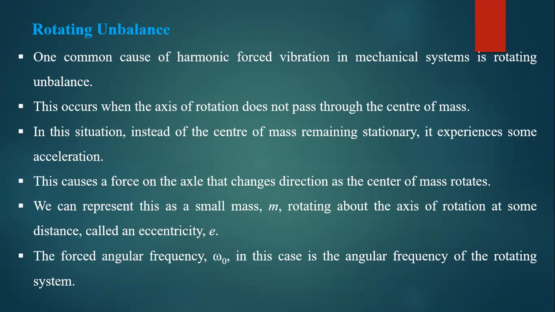This causes a force on the axle that changes direction as the center of mass rotates. We can represent this as a small mass element rotating about the axis of rotation at some distance called an eccentricity.